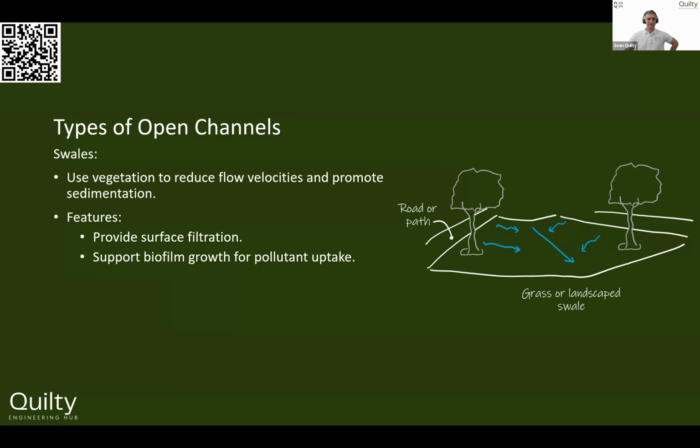Swales, I'm sure everyone's heard the terminology swale. Essentially, they're just an open drain, but they typically use vegetation to help reduce flow velocities and also promote sedimentation, so it traps some of the suspended solids as the water rushes through that drain. Sometimes we would have surface filtration, so it just goes through the grass.